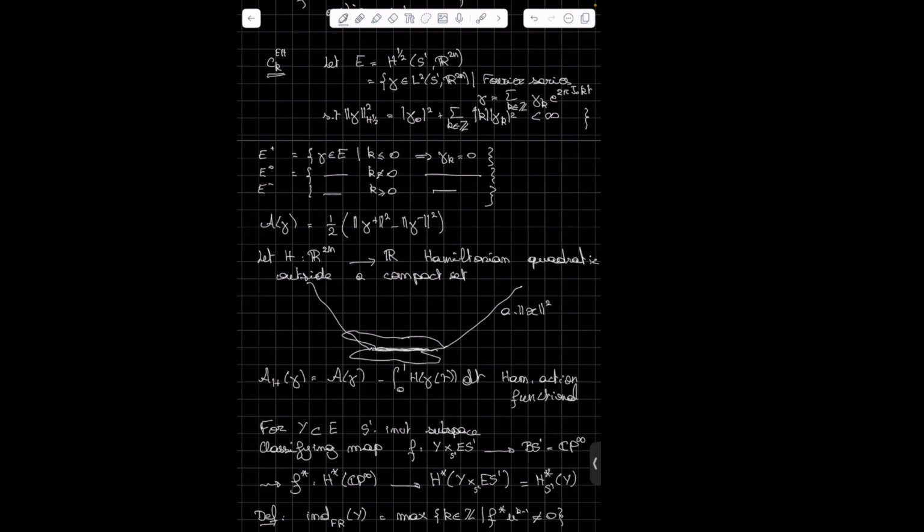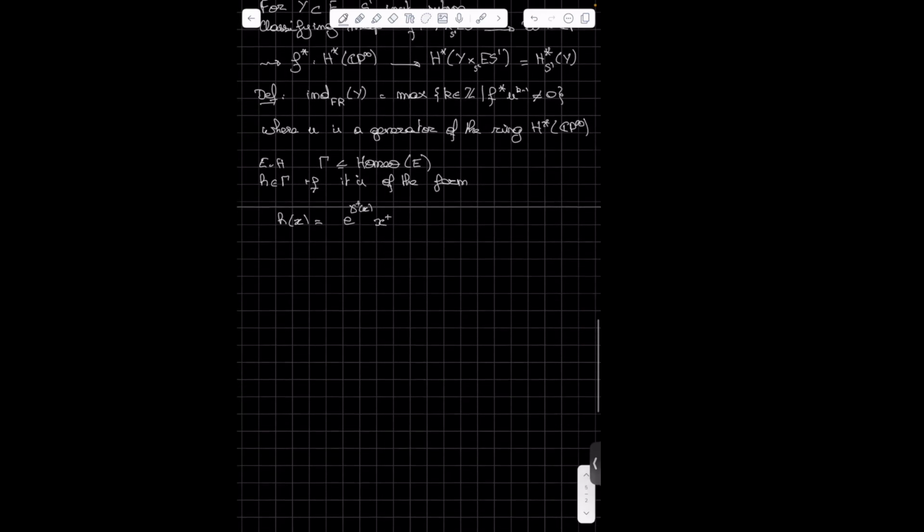When I write plus, 0, or minus, I mean projection on each of those 3 subspaces. So H of X, where X is an element of E, is e to the gamma plus of X times X plus, plus I'm not touching X0, the 0 frequency, plus e to the gamma minus of X times X minus, plus K of X.